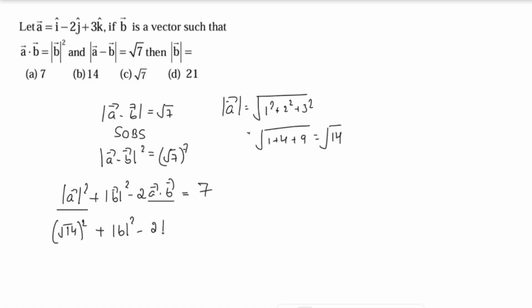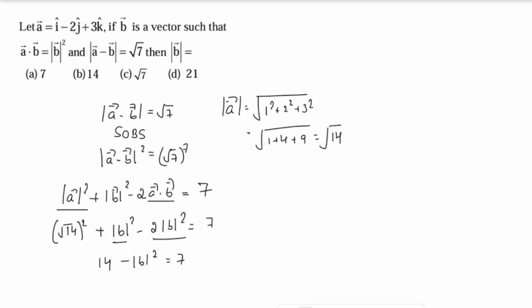So 2 times magnitude of B square is equal to 7. So magnitude of B square minus 2 times B square becomes minus magnitude of B square, and this becomes 14 minus magnitude of B square is equal to 7.